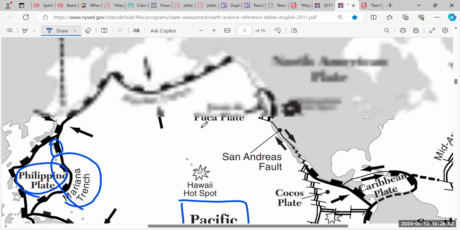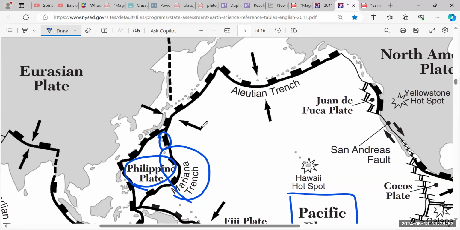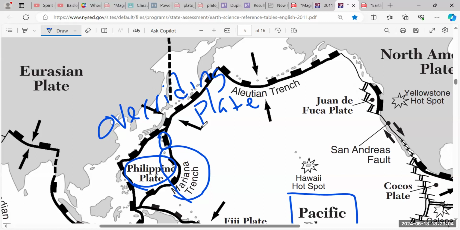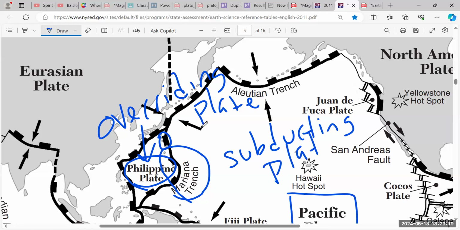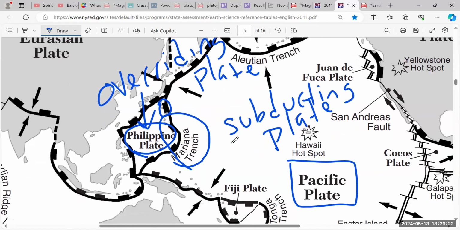So therefore, my overriding plate is going to be the Philippine plate, and the subducting plate is going to be the Pacific plate. So once again, the Pacific plate is the subducting plate, and the overriding plate is the Philippine plate.